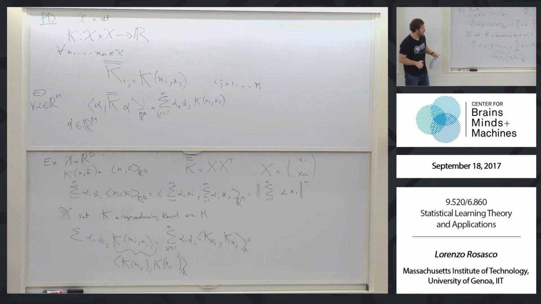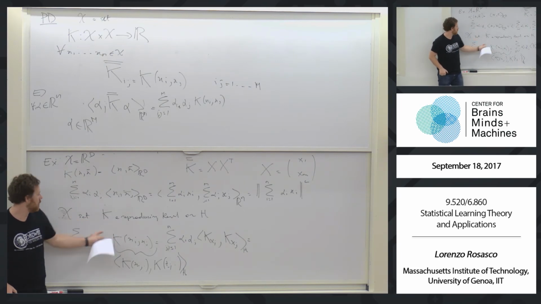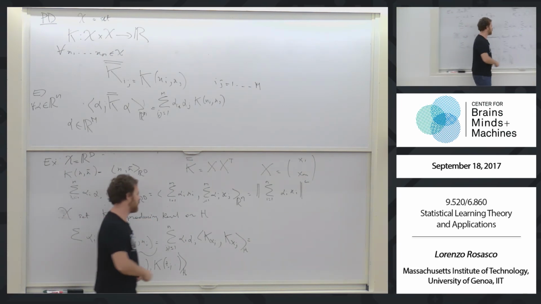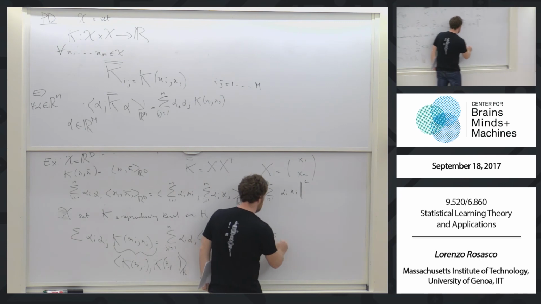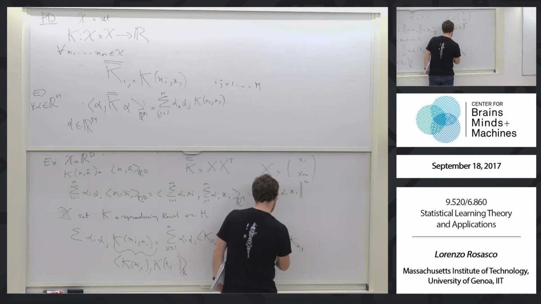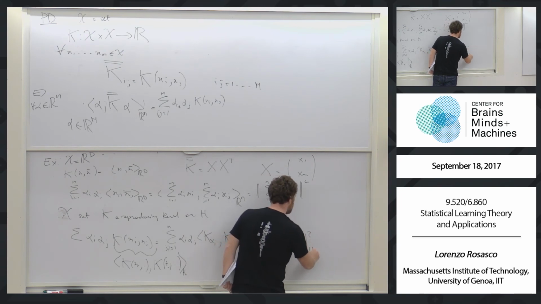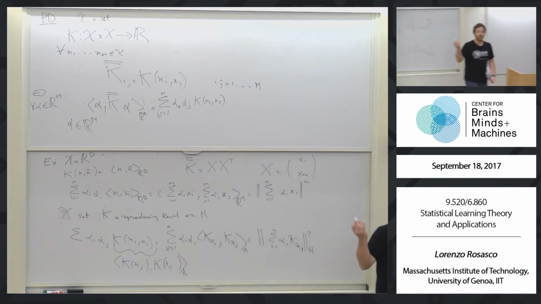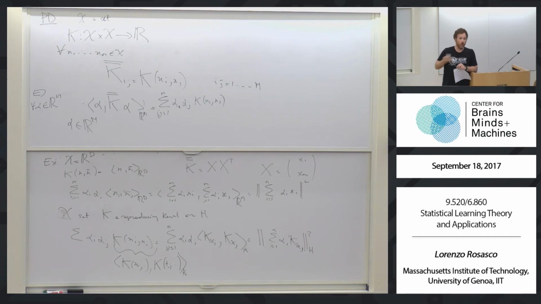Okay, so what do you do now? Nothing. You put the sums in, and you're going to get the sum over j from 1 to m of alpha j k xi, xj, squared in H. And of course, this cannot be less than 0 for any generic alpha. It's 0 only if I take all alpha equal to 0, or if I take a crazy kernel which is always 0.